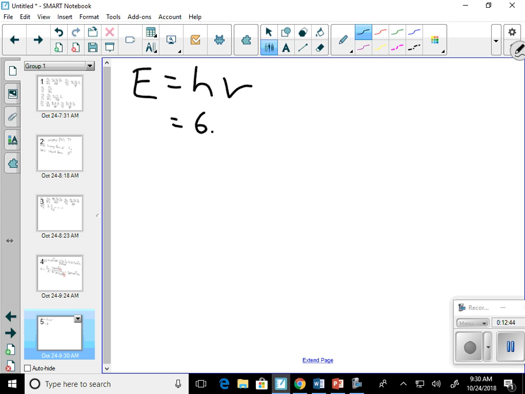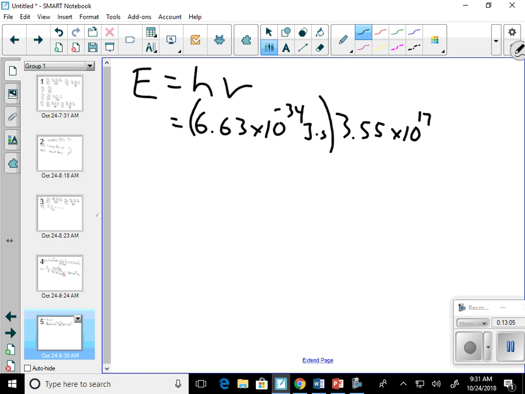Planck's constant is a known value. It will be given to you, so you don't have to memorize it. The frequency in this problem is 3.55 times 10 to the 17th.